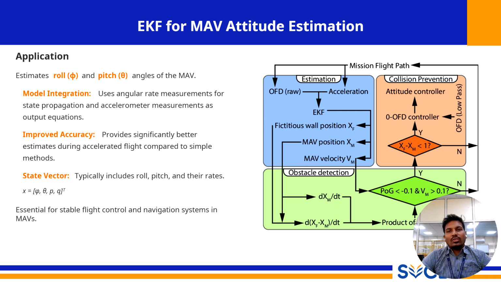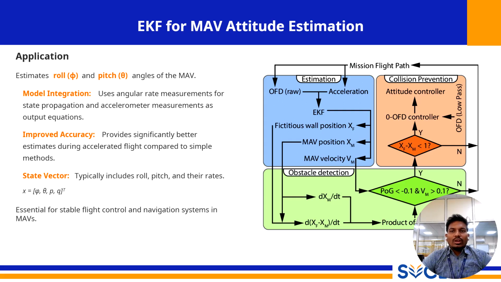To produce these estimates, the filter intelligently combines the data from two different sensors. The model integration shows how it works. The EKF uses the angular rate measurement for state propagation.